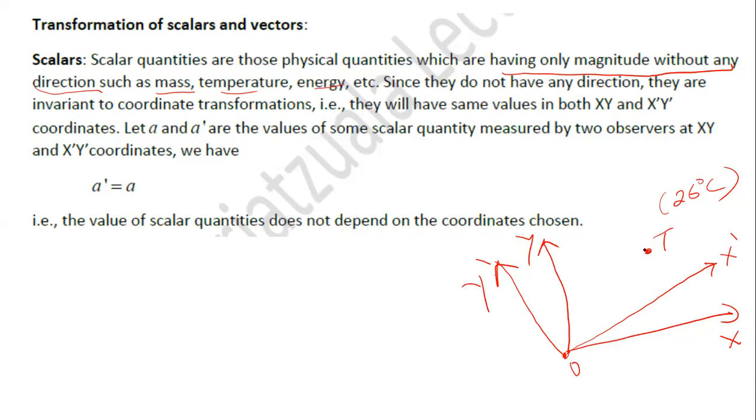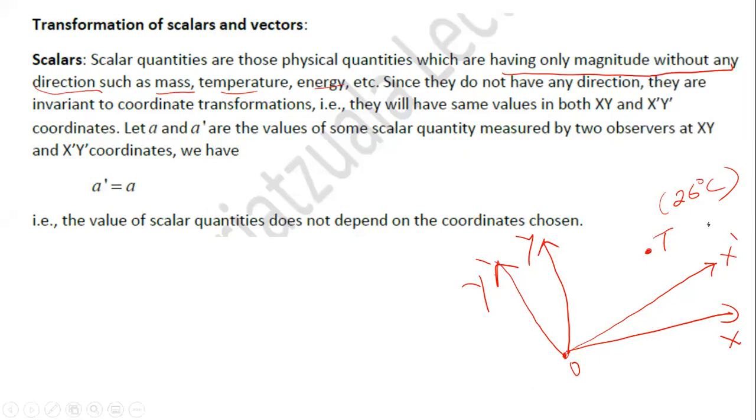So this temperature, at this particular point, is a physical quantity that only has a magnitude. How hot it is at this particular point can be measured using your thermometer, that is 26 degrees Celsius.